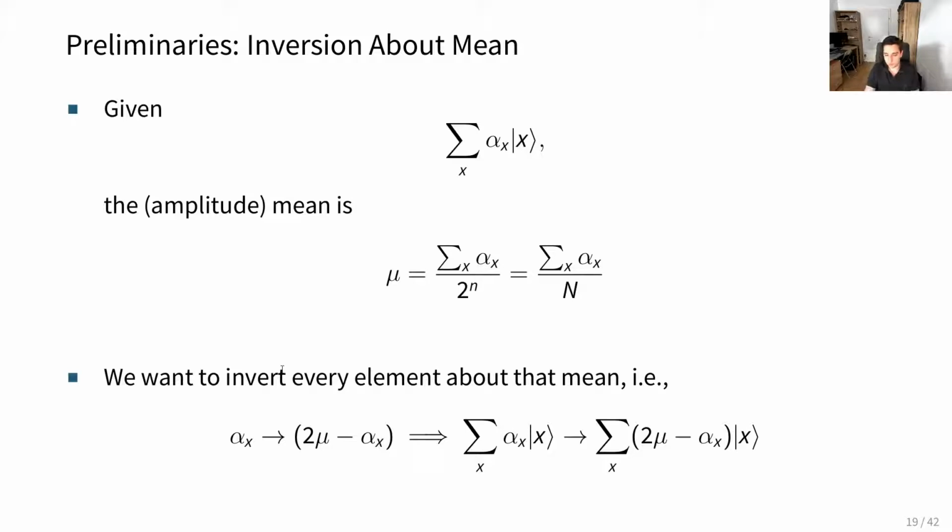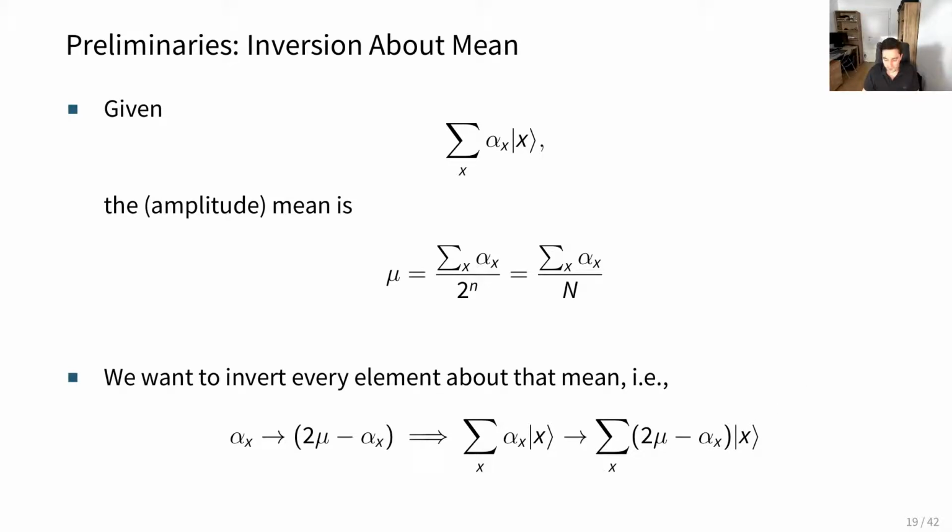You can draw it, and we'll also see later that this is true. Every amplitude alpha x gets mapped to 2 times the mean minus this amplitude. If this is fulfilled, then this input gets mapped to this output, where every amplitude is replaced by 2 times the mean minus that very amplitude.